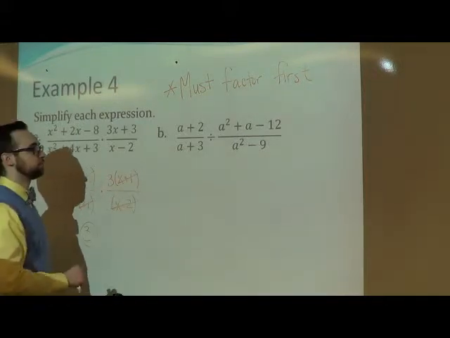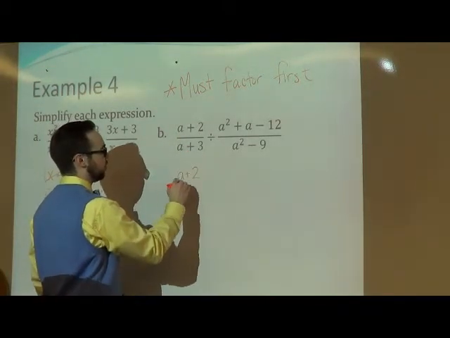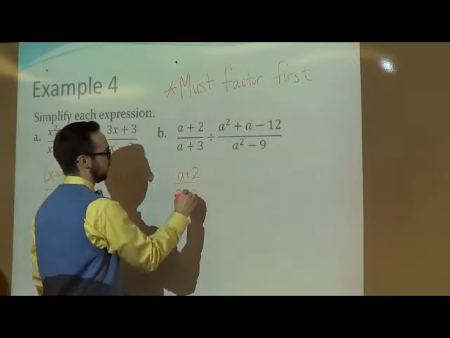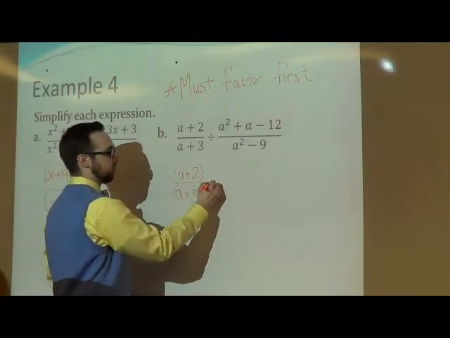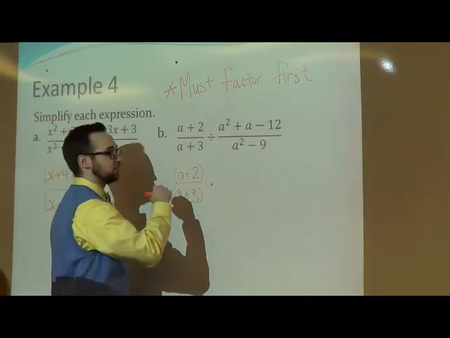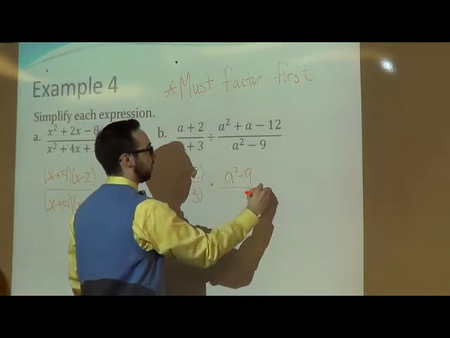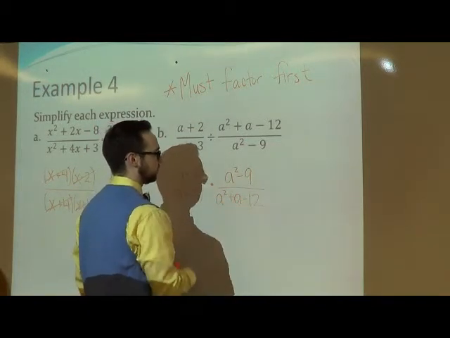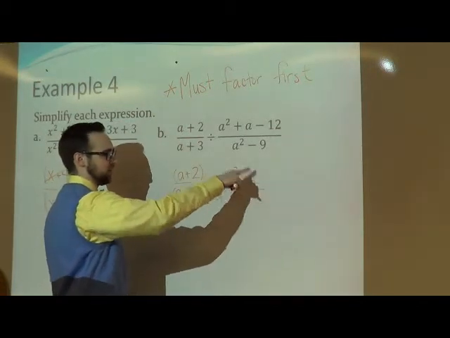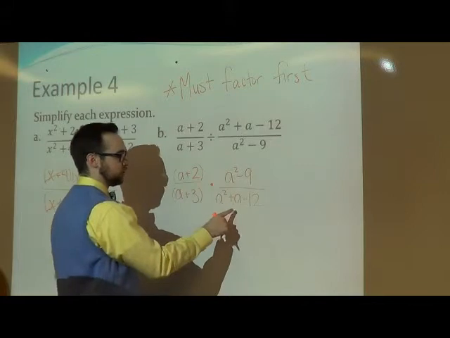Let's take a look over here. A plus 2 and a plus 3, those cannot factor anymore. So those are already factored. I'm going to put them in parentheses just so we know those are grouped. Multiplied by, flip the fraction, a squared minus 9 over a squared plus a minus 12. Now remember, this piece here, we need to factor it.